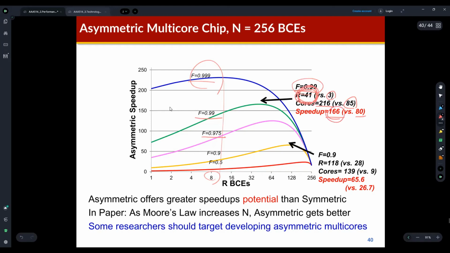In this case, speed up is 166. What does that mean? A small fraction of the serial part. But if we apply the heterogeneous multi-core architecture, then we can achieve a higher speed up, a higher performance in this case.